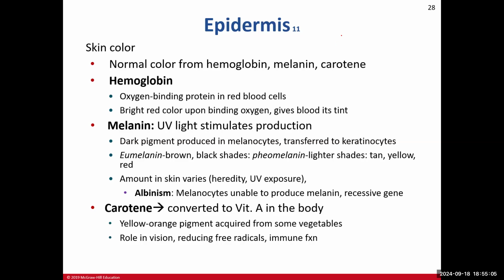So depending on how much oxygen is on the hemoglobin will determine how red your red blood cells are. So obviously then, where there's more blood flow, you'll have more of a red hue to that area, as evidenced when you've seen someone that's very flushed, they've been exercising or in a very hot environment.